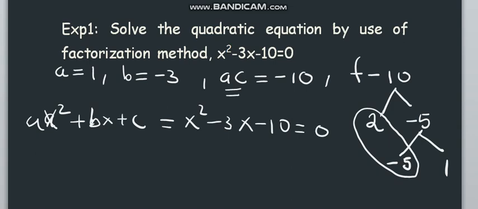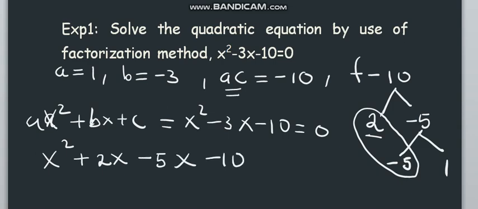It is going to be expressed as x squared plus 2x, we get this 2 and multiply it with x, then minus 5x, we get this -5 and multiply it with x, then minus 10 equals 0.